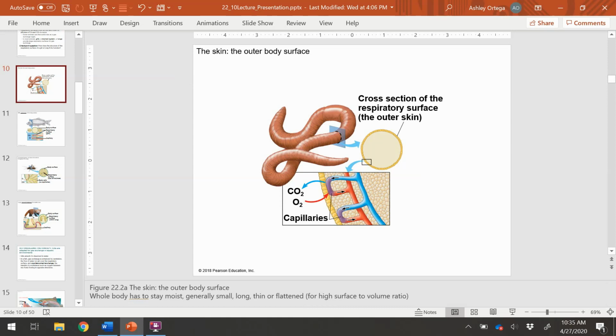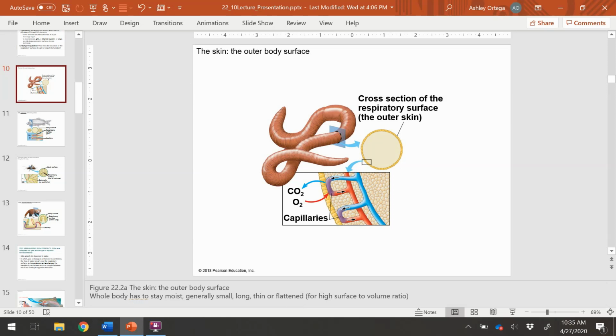And so here, note that for the earthworm, the whole body has to stay moist. And so that's why you find them generally in moist areas. For the earthworm itself, you find them underground, so that coincides with the need to be in a moist environment.